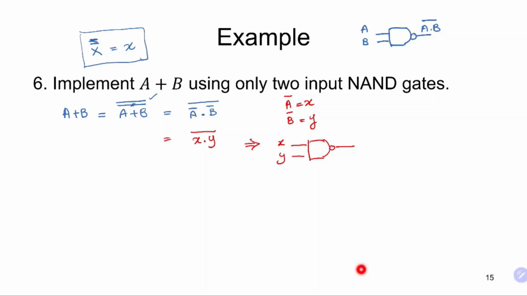How do I achieve A bar using a NAND gate? To do that, we can use the other law that says X dot X is equal to X. This is another law.